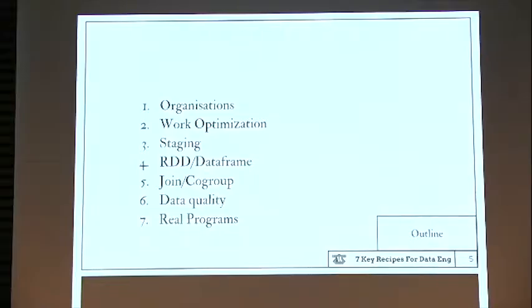So I've chosen 7 recipes. They are not chosen because they are well known or talked about. They allowed us to be very efficient at building data lakes, and they were key to our project success, so I'm sharing those recipes with you today. The first 2 recipes are not technical.